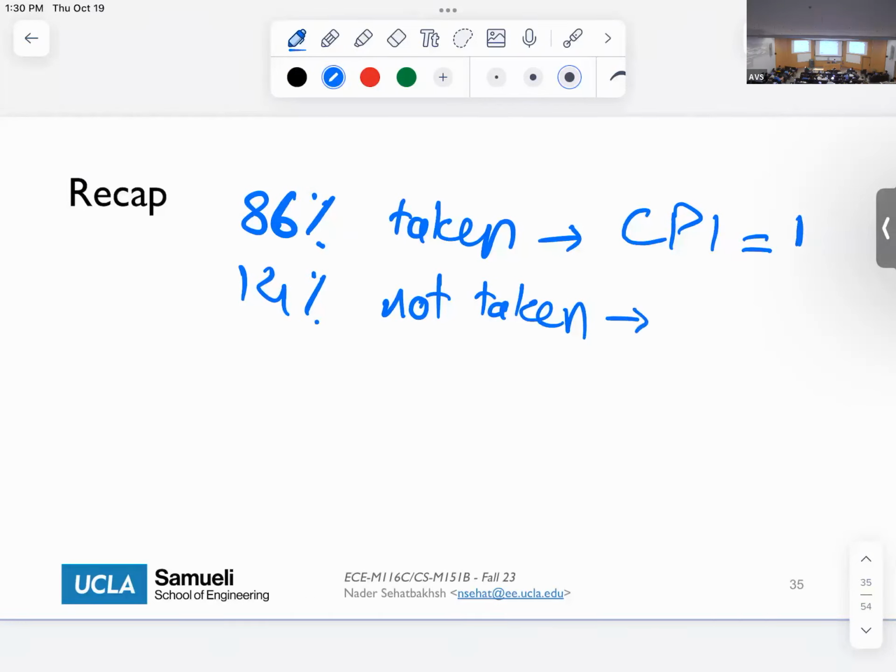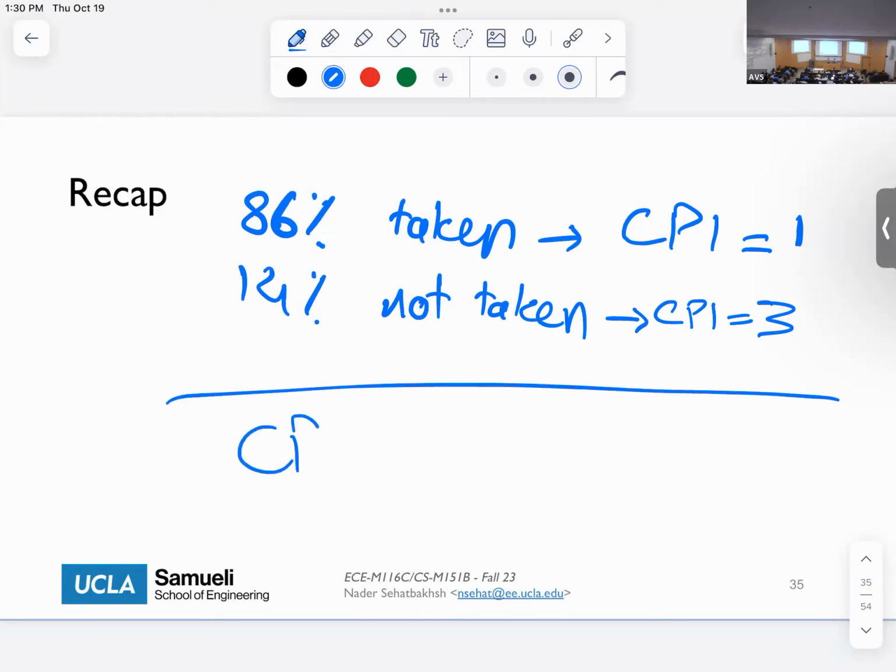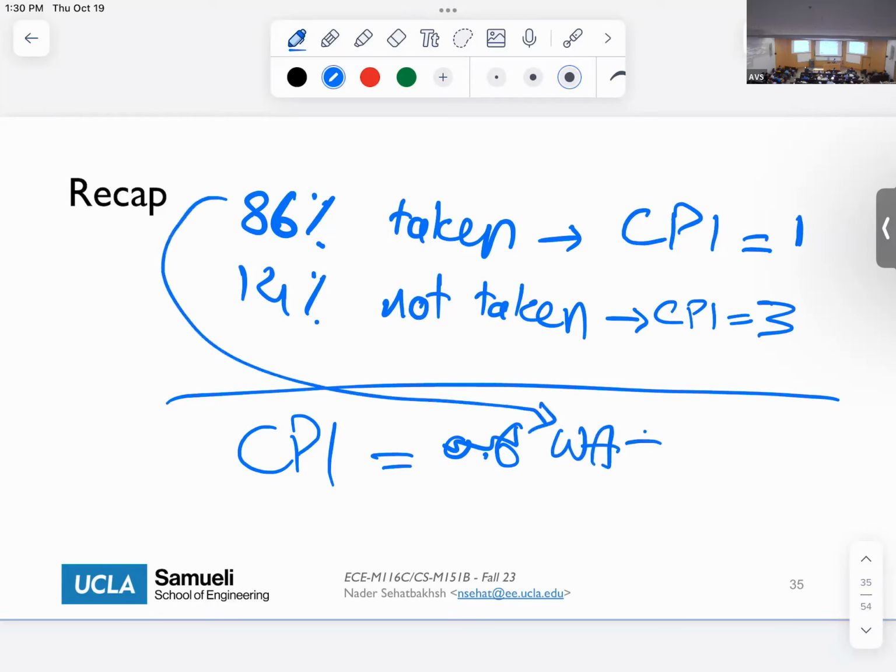The CPI of this is equal to 3, because we are wasting 3 cycles for this to finish. If you do the averaging, the overall CPI would be the weighted average of these plus the weighted average of these, right? So 86% times 1 plus 14% times 3, and then you do the math, okay?